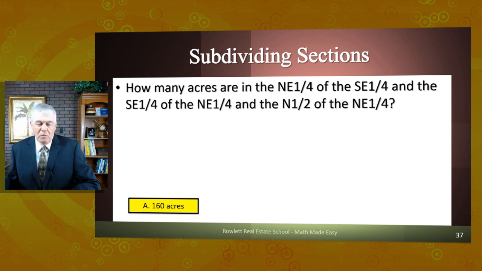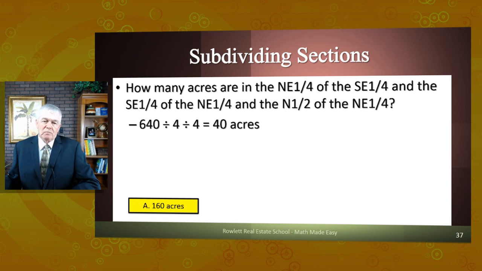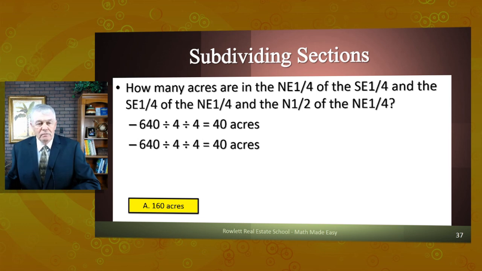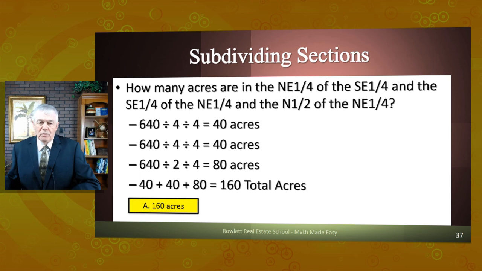You should have come up with 160 acres. And 640 divided by 4 divided by 4 equals 40. 640 divided by 4 divided by 4 equals 40. And 640 divided by 2 divided by 4 equals 80. You add the three together and you come up with 160 acres.